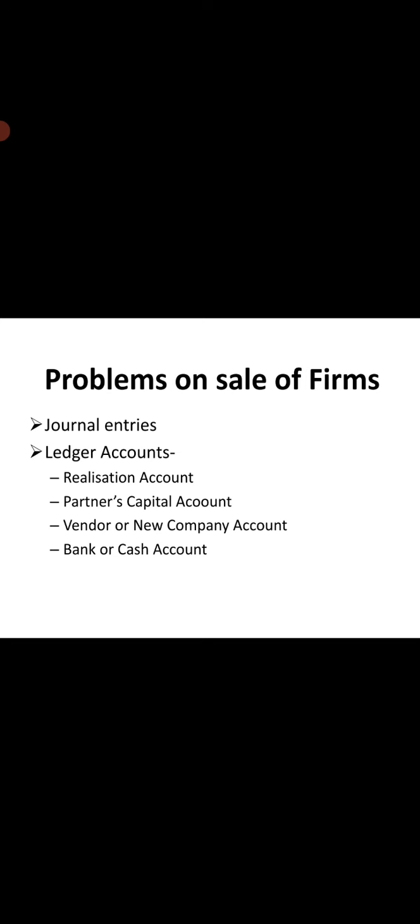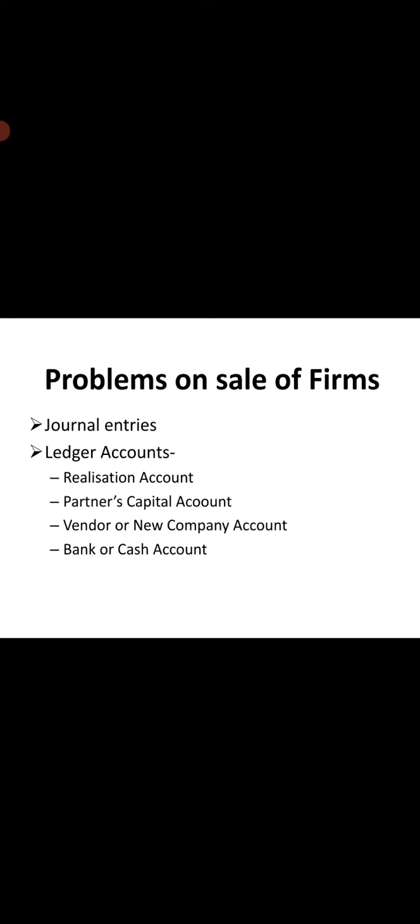If you total, the realization account has the highest balance on the debit side and the lowest on the credit side. So there is a loss of 14,620, which will be distributed among partners X and Y in their profit sharing ratio, that is 8,772 and 5,848 rupees.